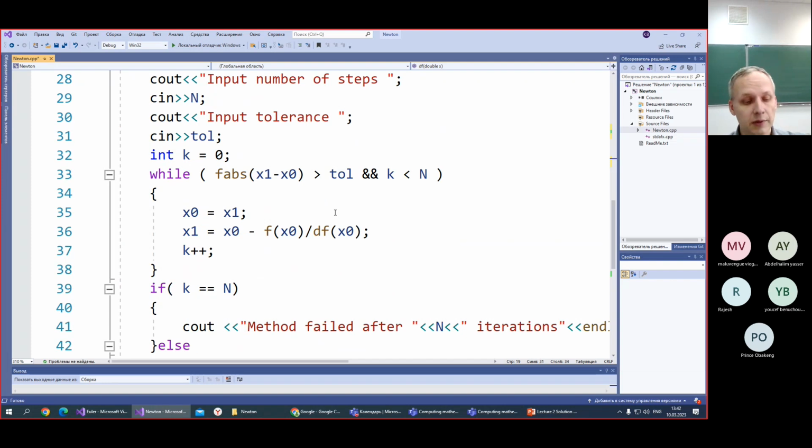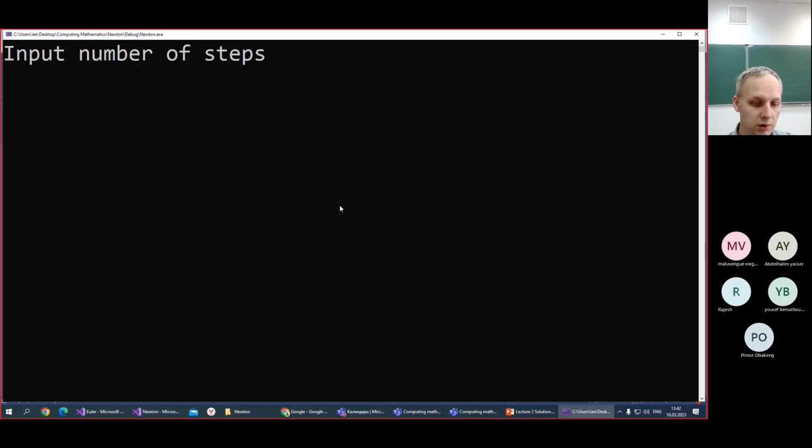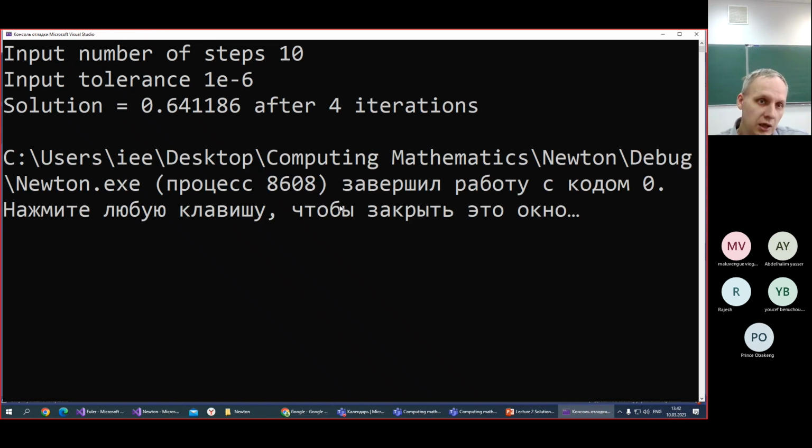And we can run the method again for another function. The tolerance is 10 power minus 6, and again it's enough to carry out just 4 iterations to solve the problem. This is a solution.